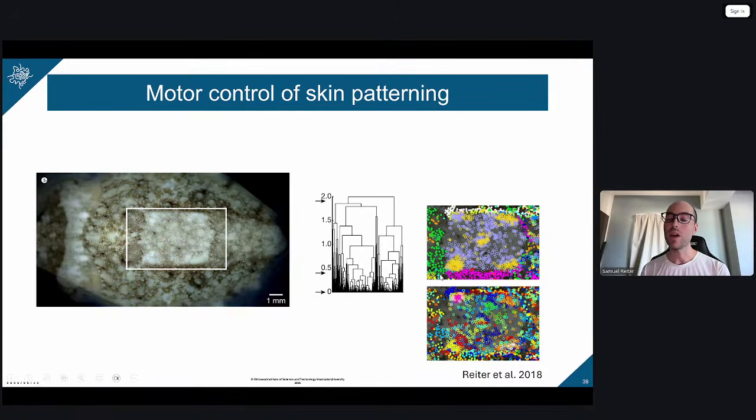So these we think are reflecting a premotor neuron that is synapsing onto a group of motor neurons that is synapsing onto this group of chromatophores that we are measuring.